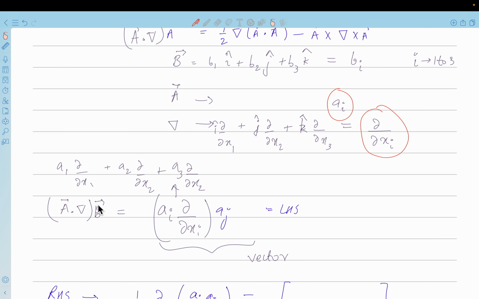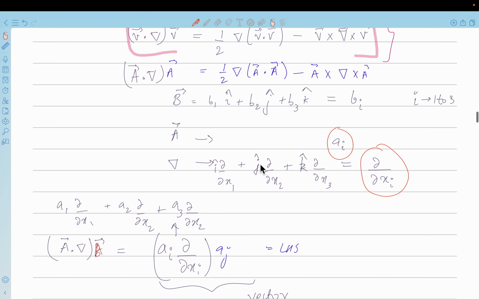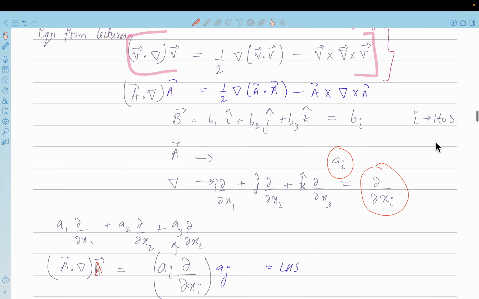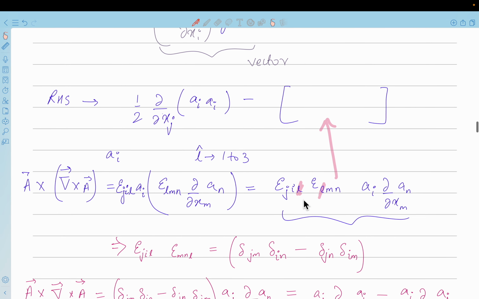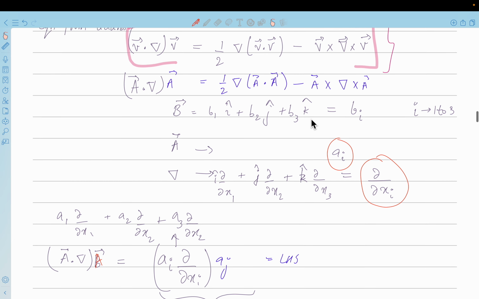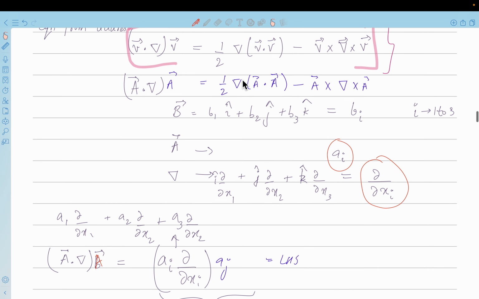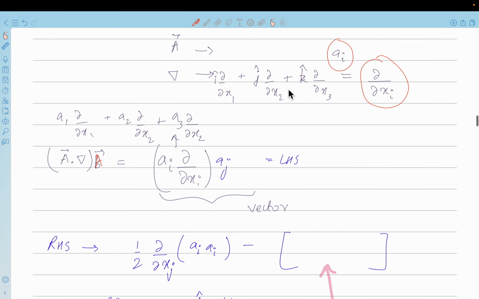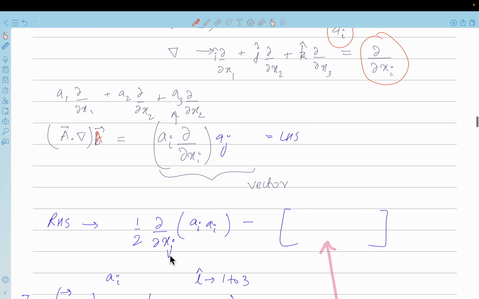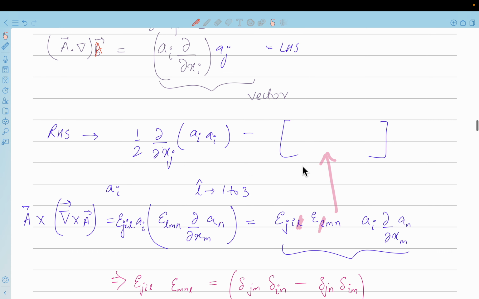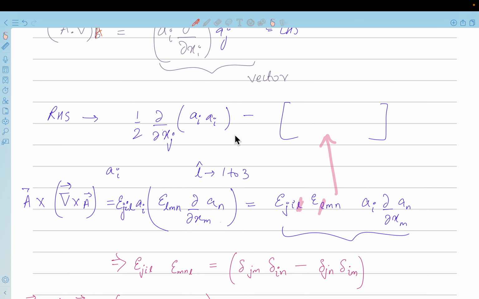And then there is a vector, so we wrote aj on the left hand side. Left hand side is clear. On the right hand side, we had a term like half gradient A dot A. So half gradient A dot A can be written as half dou by dou xj ai ai. Is this clear?